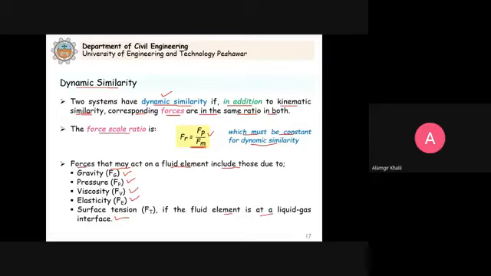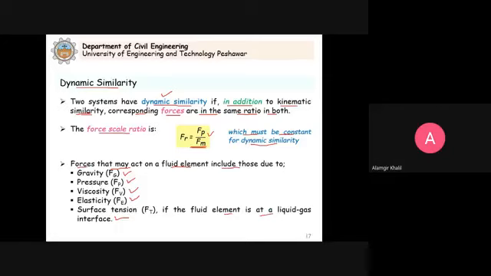This is what we have to understand: what significant forces need to be considered in any specific fluid problem. If you fail to identify the important forces, then you will make a mistake. Why? Let's say, for example, we have open channel flow.